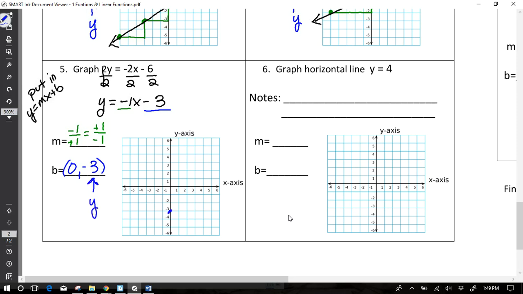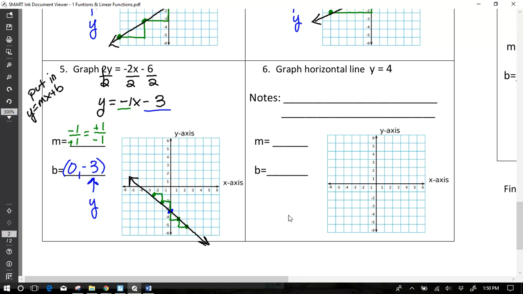So I'm going to plot that on the y-axis, and I'm going to use my slope as directions. Down one, right one, down and right. Or I could go up and left, up and left. And I'm going to connect these points with a straight line. Fantastic.